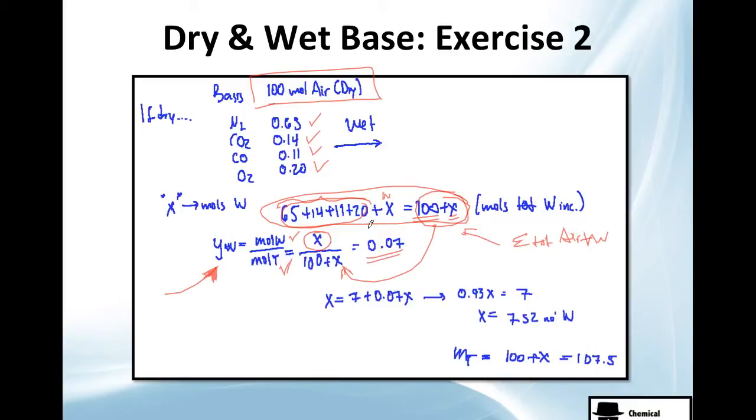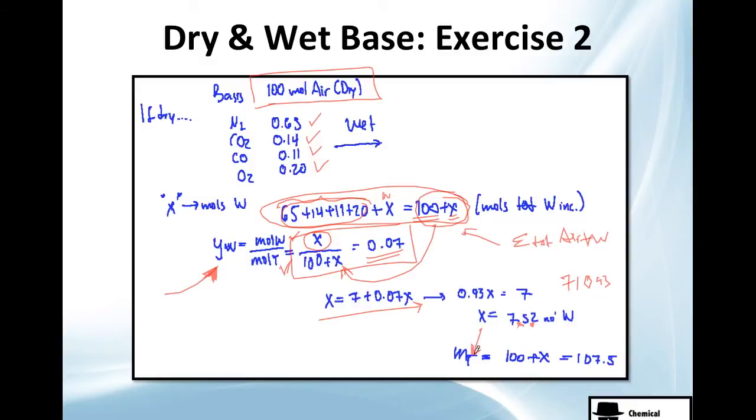This is nice because we can turn it into one equation with one variable. We solve for X and find that X is 7 divided by 0.93. Let me double check: 7 divided by 0.93, it's 7.5, yeah.